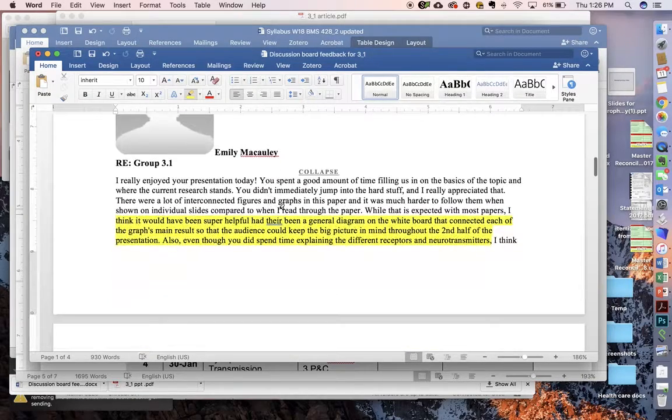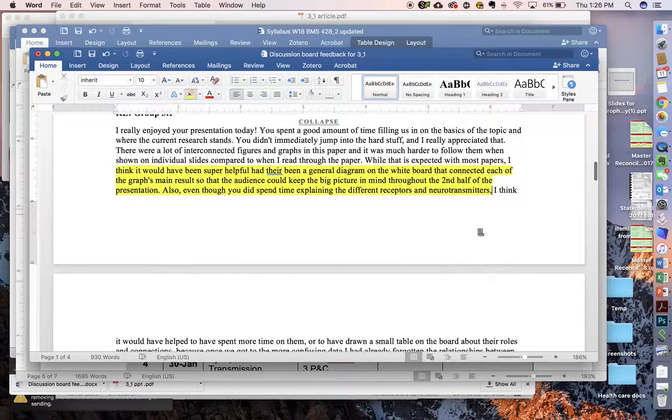But people like Emily, for example, gave the feedback, I really enjoyed your presentation, good amount of time filling us in on the basics of where your research stands. You gave the positive types of feedback first, and then I highlighted a good critique that they brought up, and that was basically, I think it would have been super helpful had there been a general diagram on the whiteboard that connected each of the graphs' main results.